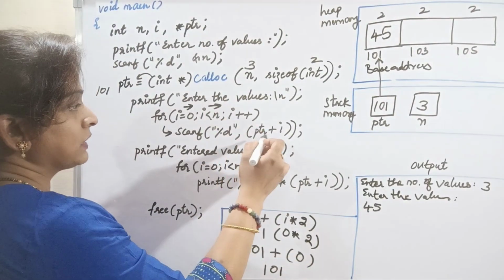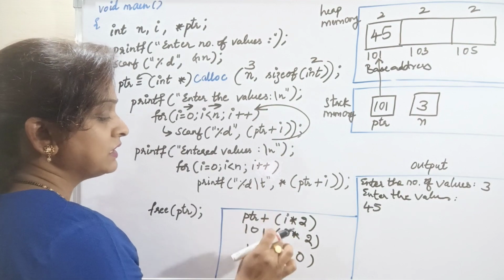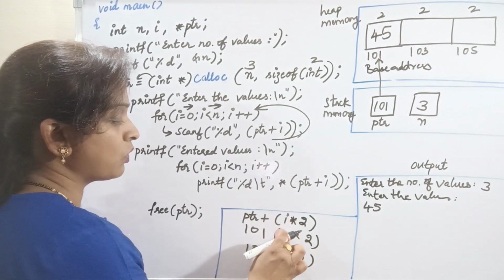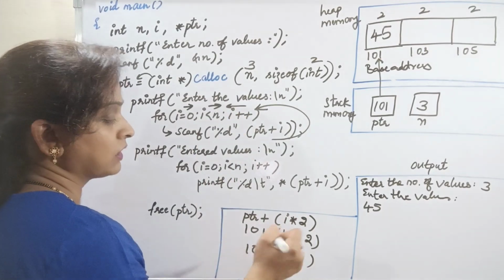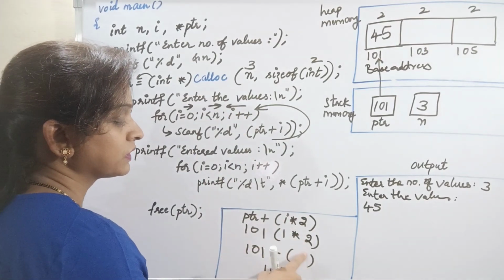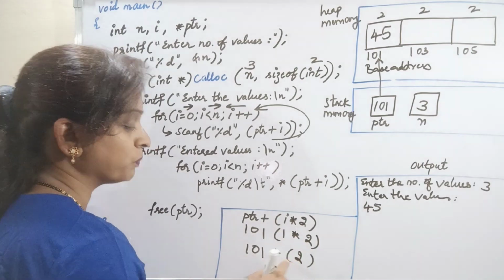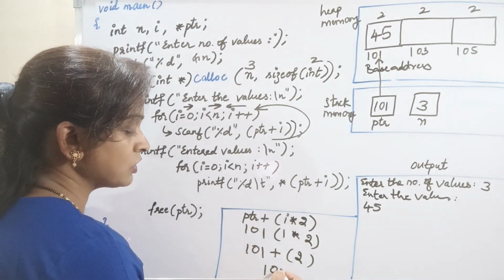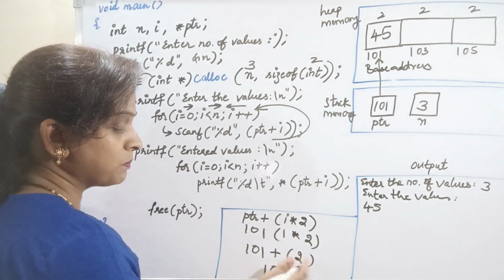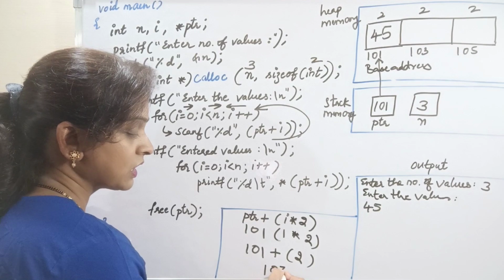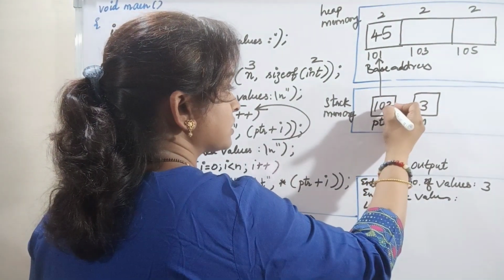Then again loop back. I have to loop back. i plus plus, i gets increased. Now the i value is not 0. It is incremented. Again check the condition. It is 1. So it is 1 into 2. It is 2. So 101 plus 2, it is 103.